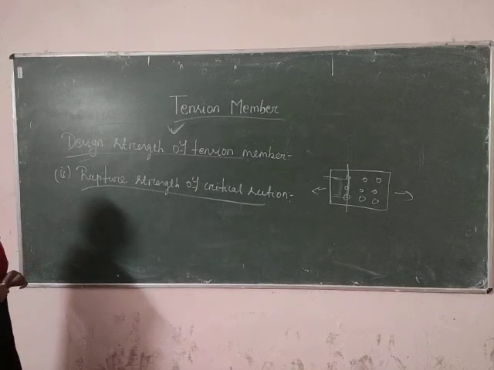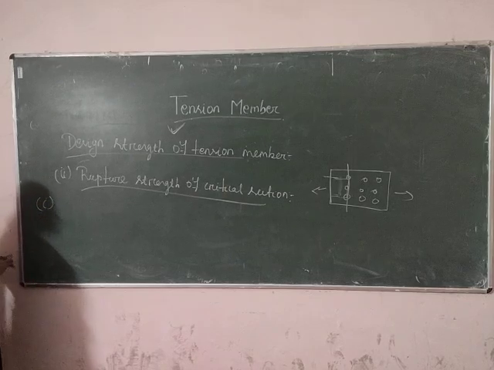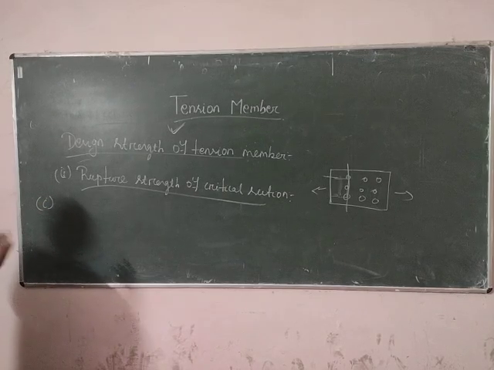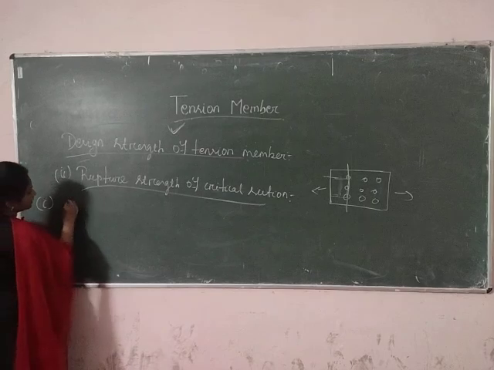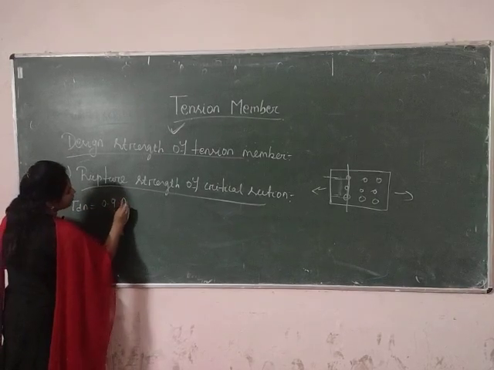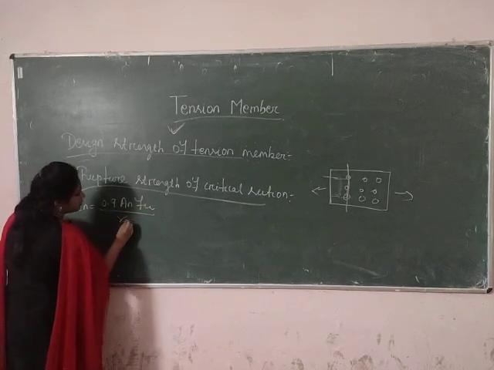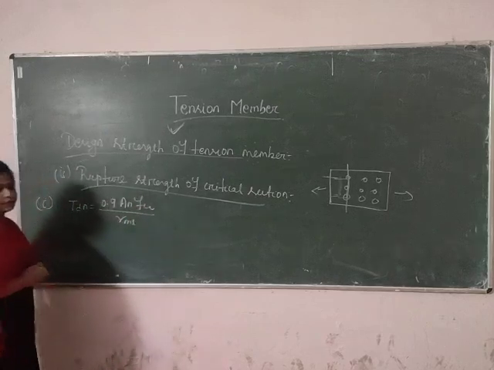Okay, so here also for the steel plates, the rupture strength can be calculated by the formula, that is 0.9 into An into Fu divided by gamma m1.